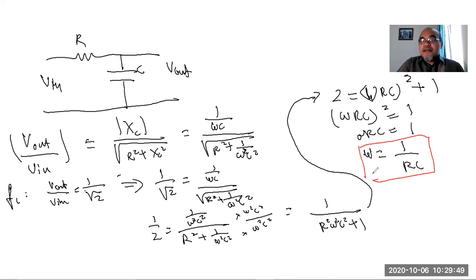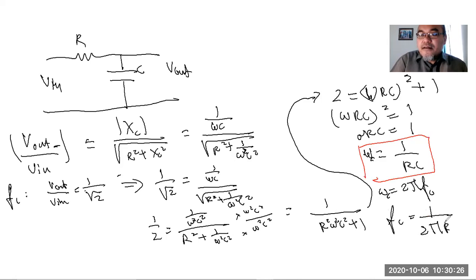Then if we express omega equals 2 pi fc, this is the cutoff frequency, because this is when V out is 1 over square root of 2 multiplied by V in. So fc will equal 1 over 2 pi RC.